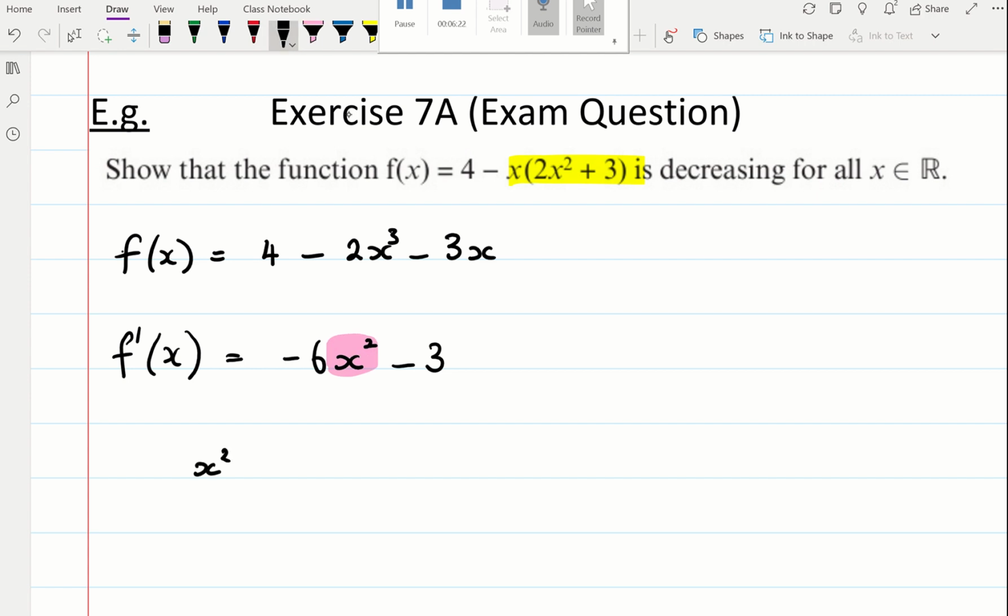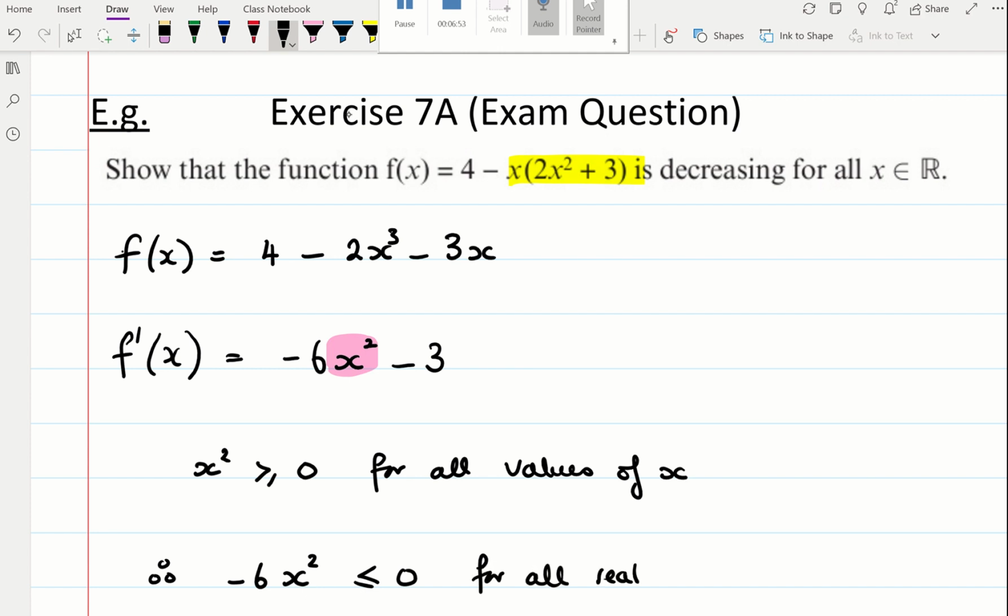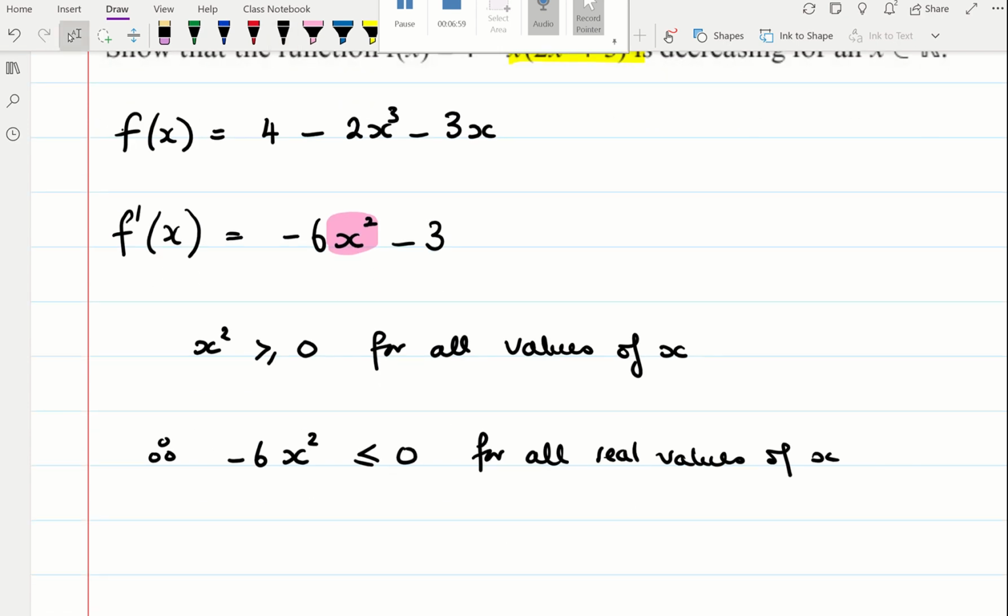So I start with the x squared. X squared is always positive, is bigger than or equal to 0 for all values of x, or all real values of x. Therefore, when you multiply a positive number by a negative number, it's going to be always smaller than or equal to 0. It's always going to be negative for all real values of x. So that's going to be negative.